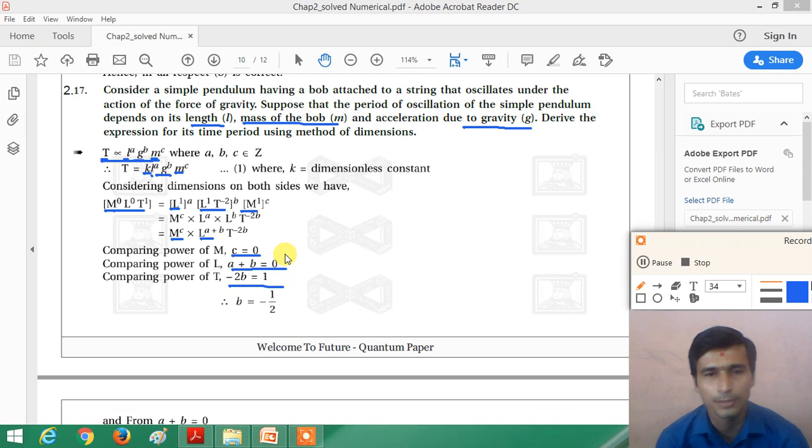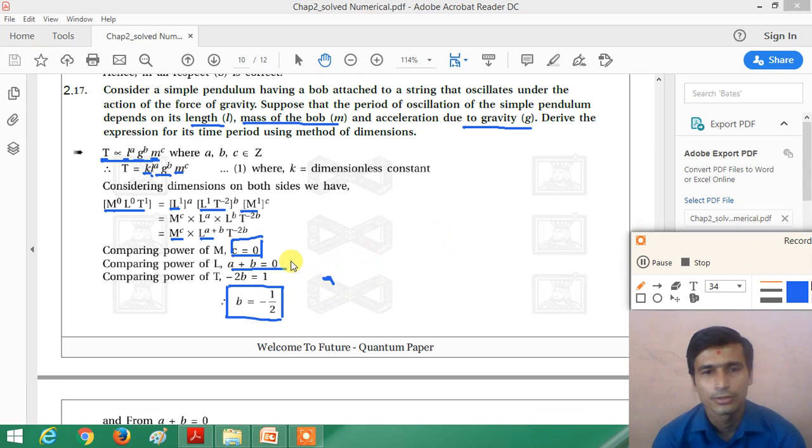Evaluating all three equations, we get the values of a, b and c. First, c is equal to 0. From the third equation, minus 2b is equal to 1, we get b is equal to minus 1 by 2. Now if we put b equal to minus 1 by 2 in the second equation, a plus b equal to 0, we get a is equal to 1 by 2.